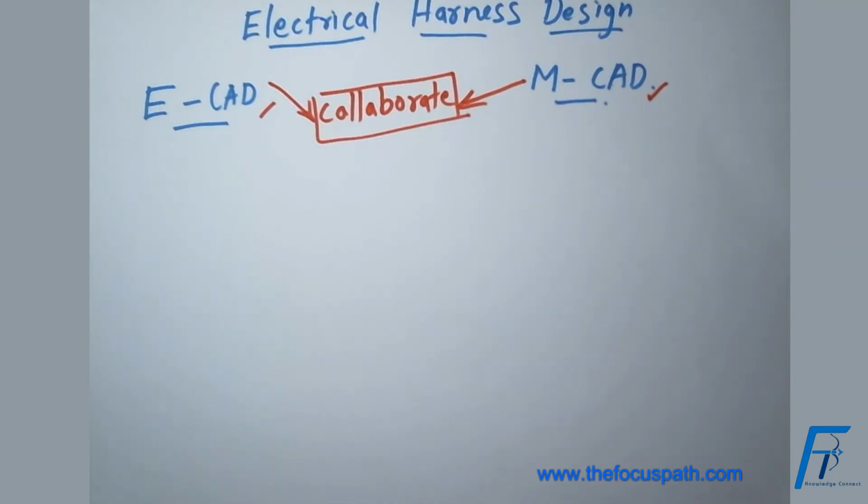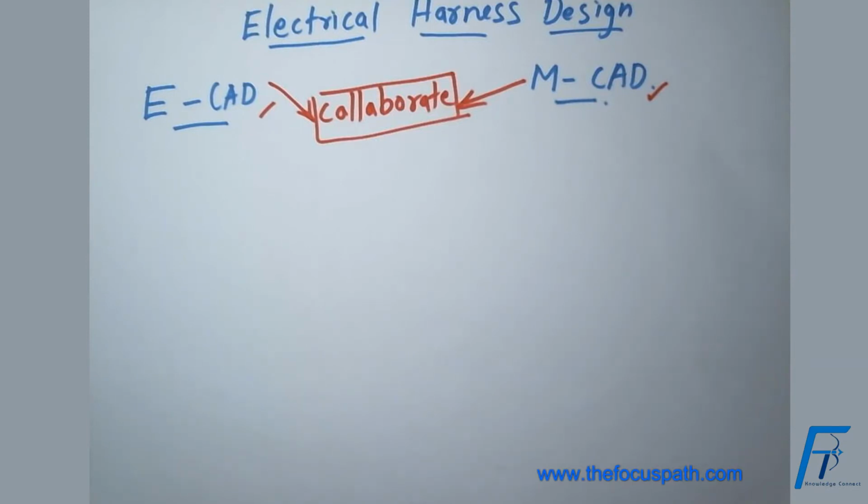And why this is very important is that for any product you take today, time to market is very important, and the product should be free of quality issues. That means if changes in ECAD and MCAD are not taken care of, quality can be a major challenge.